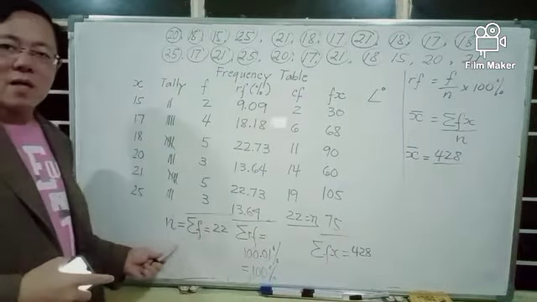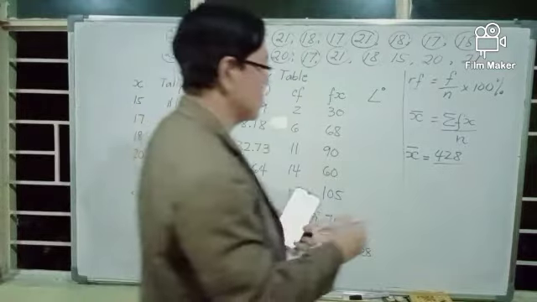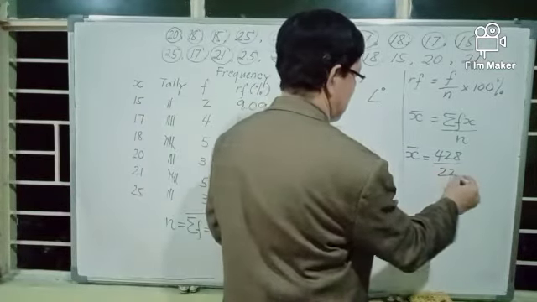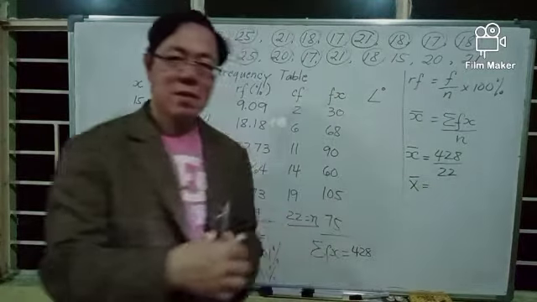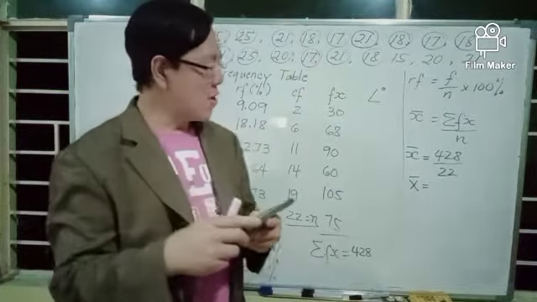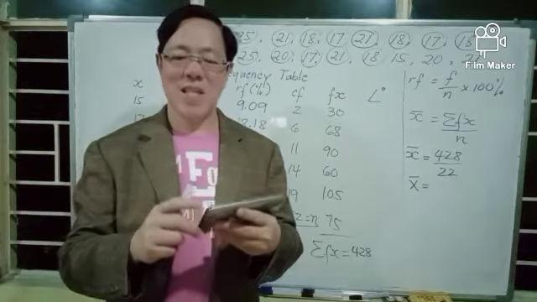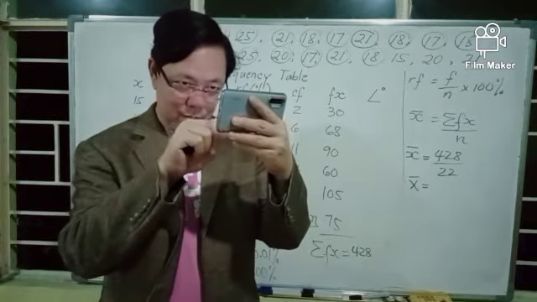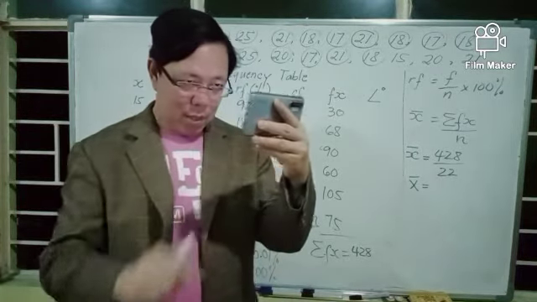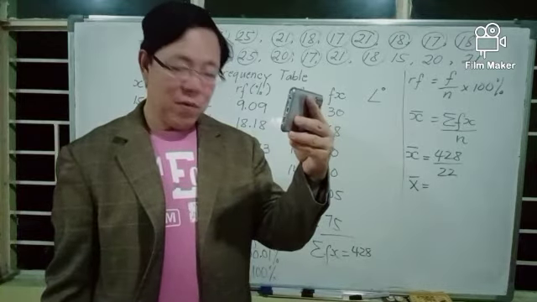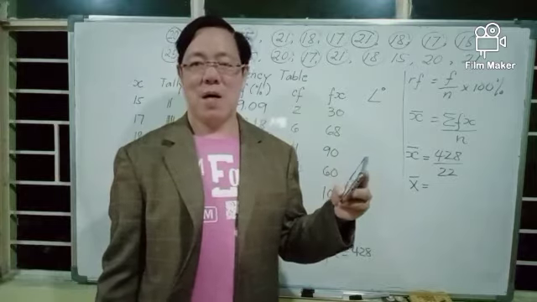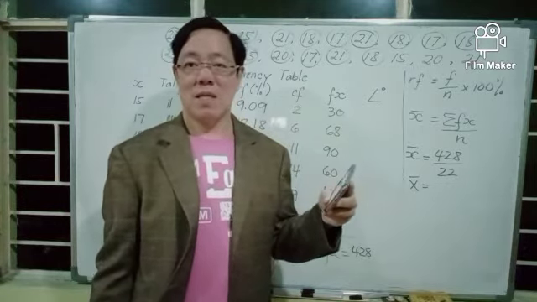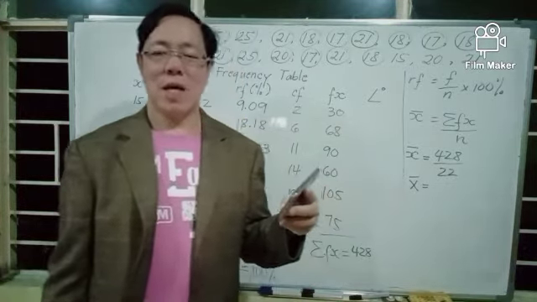The sample size n is 22. We divide 428 by 22, and you should get 19.454545. The digits 45 are repeated in that order without end.